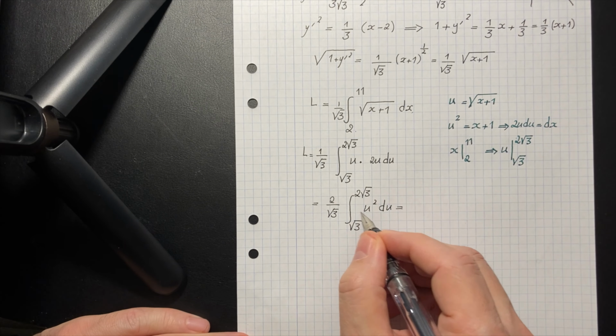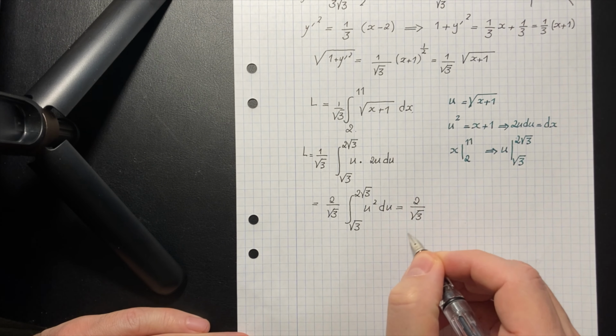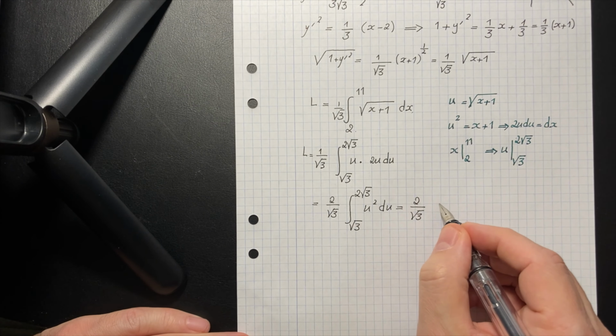And this is a very simple function to integrate, because the variable itself is u, so this becomes 1/3 u to the power of 3, and I have to calculate it from this limit, square root of 3, to 2 square root of 3.